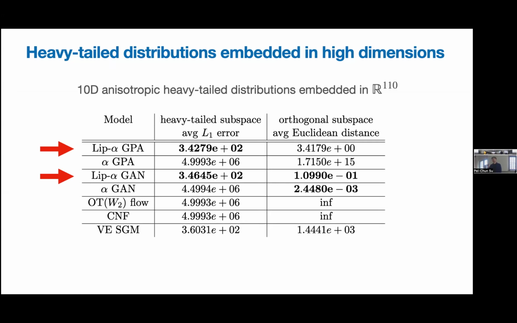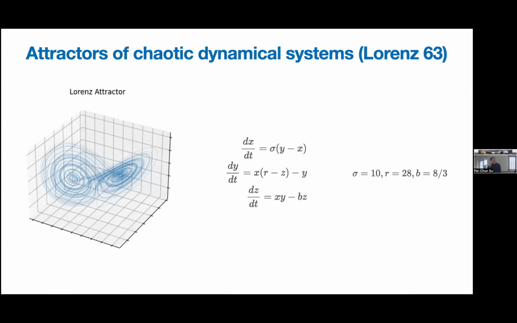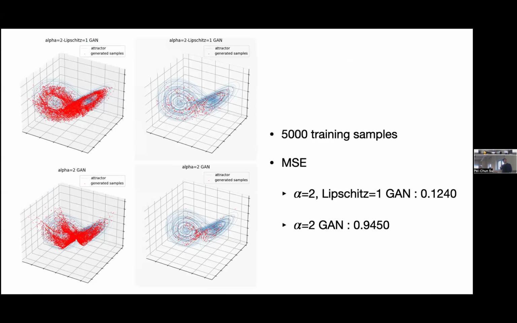So methods based on Lipschitz regularized alpha divergences can both capture heavy tails and stay close to the unknown low-dimensional manifolds. Okay, maybe a final example is the learning of the Lorenz attractor. It is based on the Lorenz 63 system, a chaotic system, and we want to learn the attractor. This is when we use 5,000 training samples, measured by MSE error.